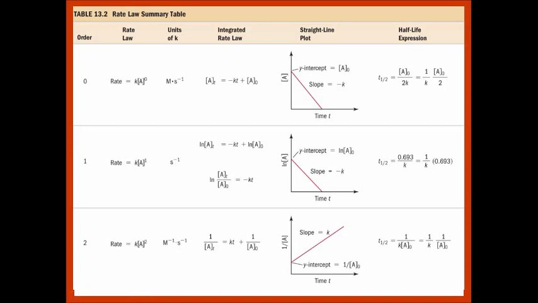For the zero order reaction, the initial reactant concentration is directly related to the half-life. For the first order reaction, the half-life is independent of the initial reactant concentration. And for a second order reaction, the initial reactant concentration is inversely related to the half-life expression.